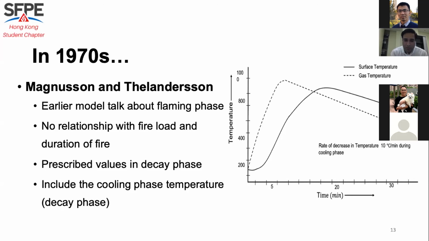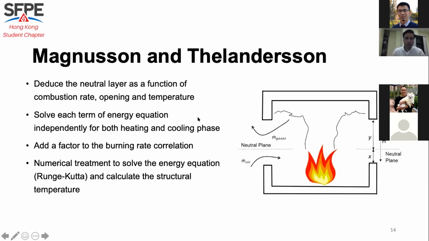So what they did was try to include the cooling phase temperature in the curve. How did they do it? They followed the energy conservation equation, which I showed you earlier, and tried to solve each term individually.